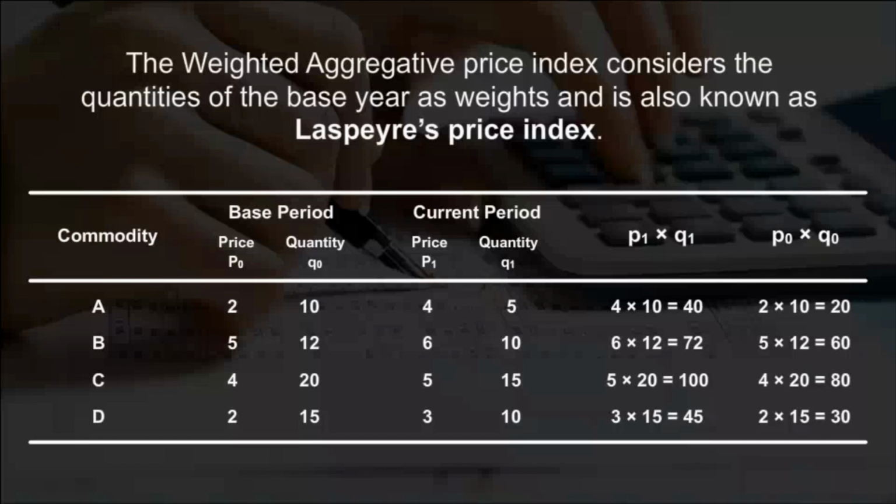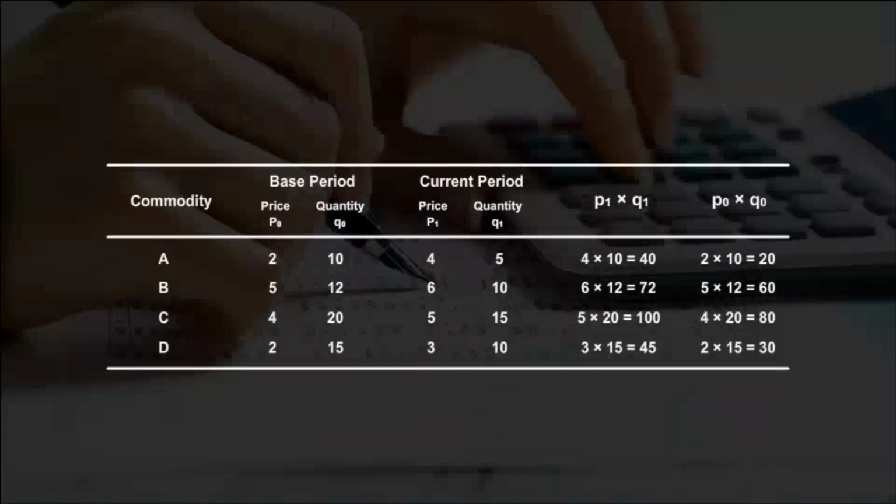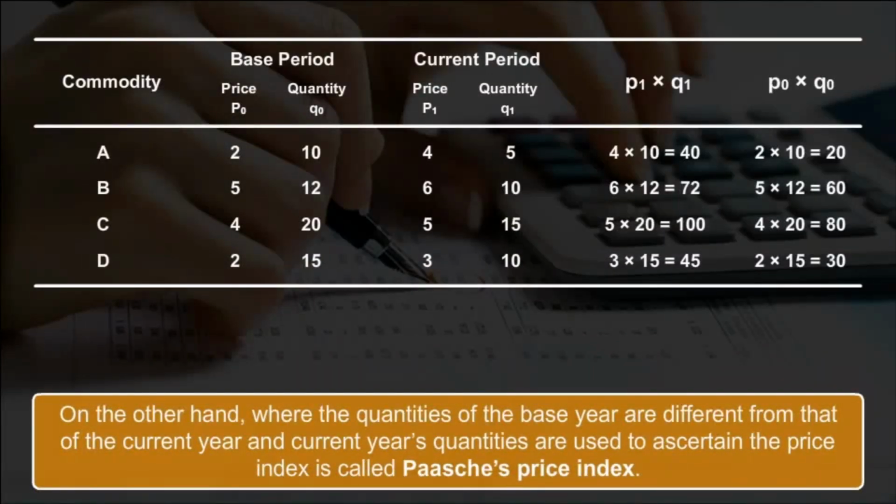The weighted aggregative price index considers the quantities of the base year as weights and is also known as Laspeyres price index. On the other hand, where the quantities of base year are different from that of the current year and current year's quantities are used to ascertain the price index, it is called Paasche's price index.